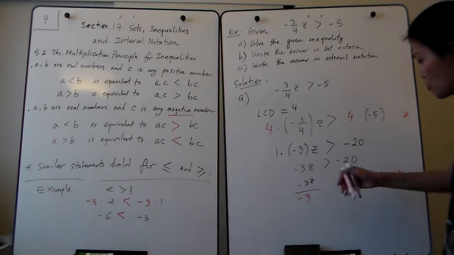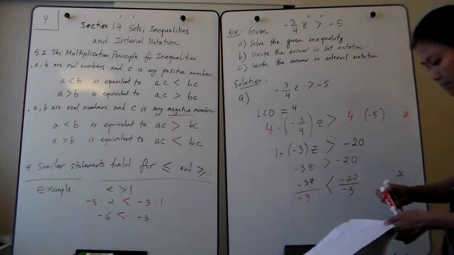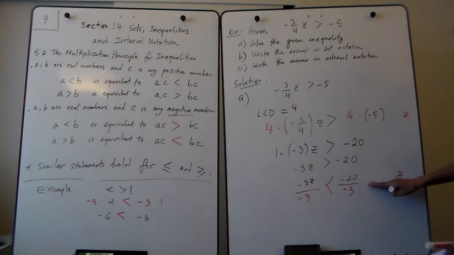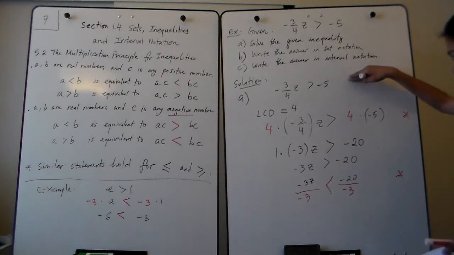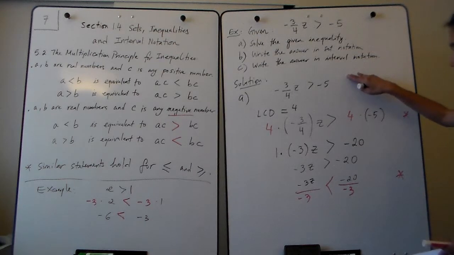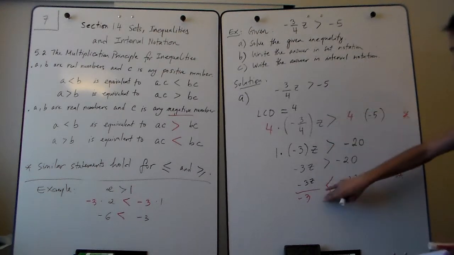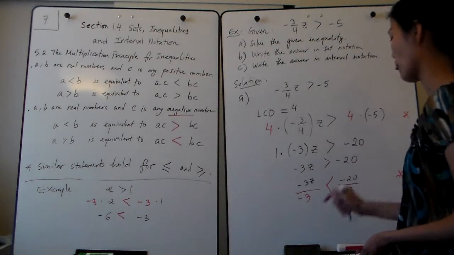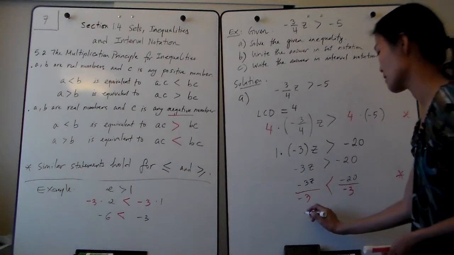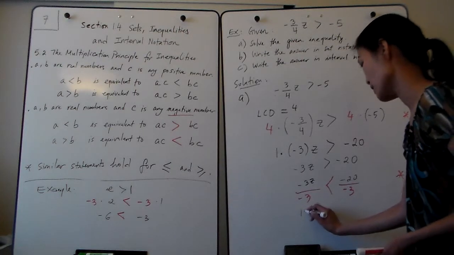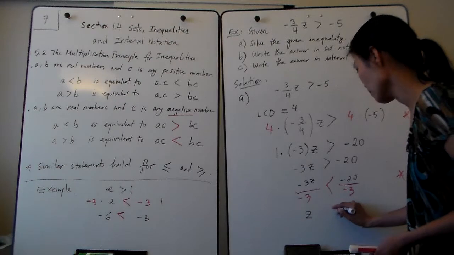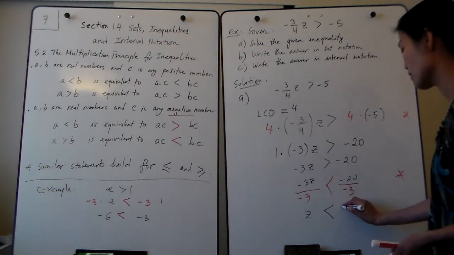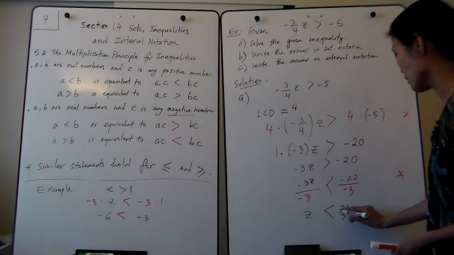I need to switch this to less than, in order to maintain an equivalent inequality with the original. So negative 3 divided by negative 3 is 1 times z, which is z, less than negative 20 divided by negative 3 is positive 20 divided by 3.